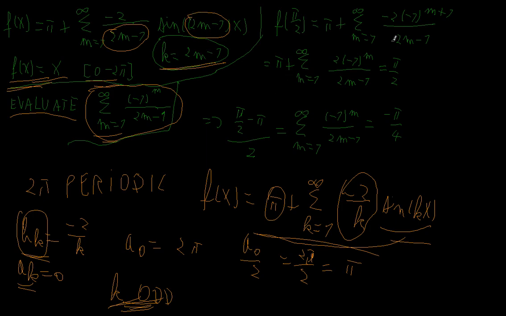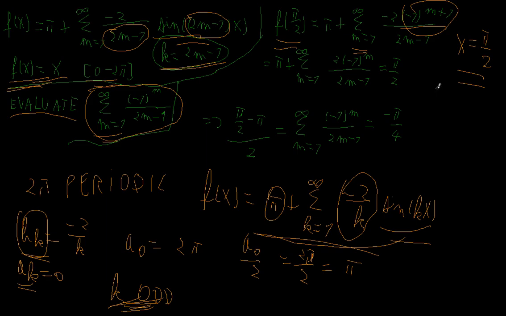Now I can set x to be equal to pi over 2, and so I have f of pi over 2 is equal to pi plus the sum from m is equal to 1 to infinity of minus 2 times minus 1 to the m plus 1 power over 2m minus 1. So this minus 1 to the m plus 1 power is simply sine of 2m minus 1 times x, times pi over 2. So if you plug in pi over 2, you get this minus 1 to the m plus 1 power.